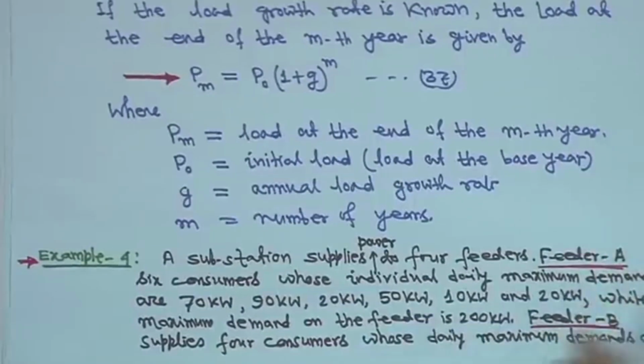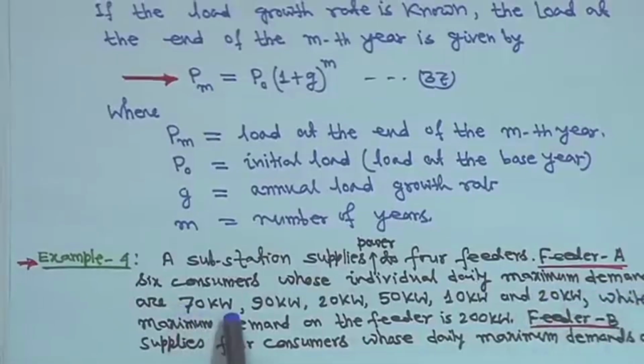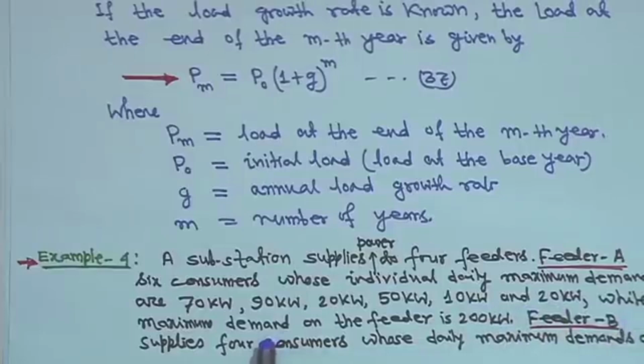Next, let us take another example. A substation supplies power to 4 feeders, right. Feeder A has 6 consumers whose individual daily maximum demands are 70 kilowatt, 90 kilowatt, 20 kilowatt, 50 kilowatt, 10 kilowatt and 20 kilowatt, while the maximum demand on the feeder is 200 kilowatt.